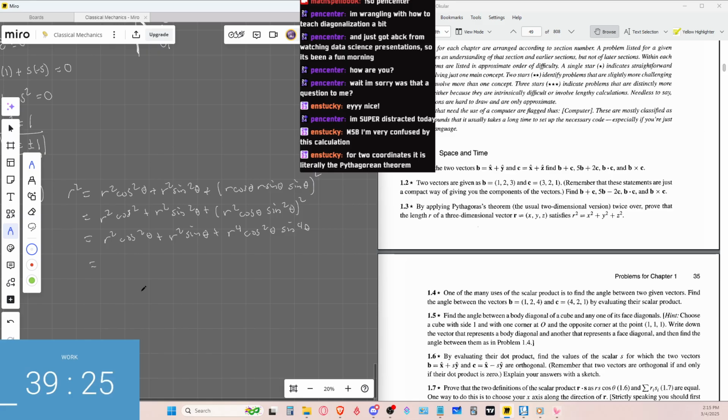But for three dimensions, I'm trying to make sure that R squared equals R squared, so that it's a proper distance formulation to get the length of R. That's my original idea, but if I'm going at it the wrong direction, you can tell me.